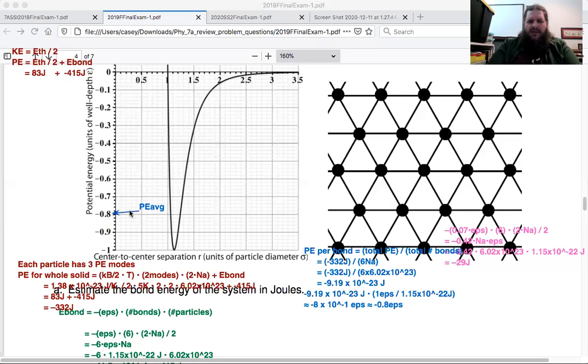Because if the particles are oscillating, then they're going to spend some of their time near equilibrium, which is very low potential energy, and some of them close or far, which is very high potential energy. The average potential energy is halfway between those lowest and highest values. What's the lowest potential energy possible here?